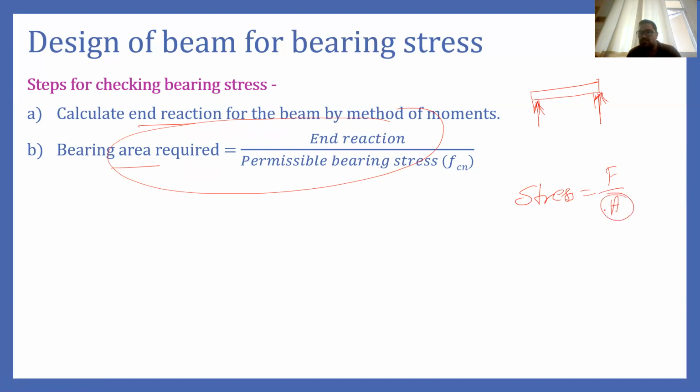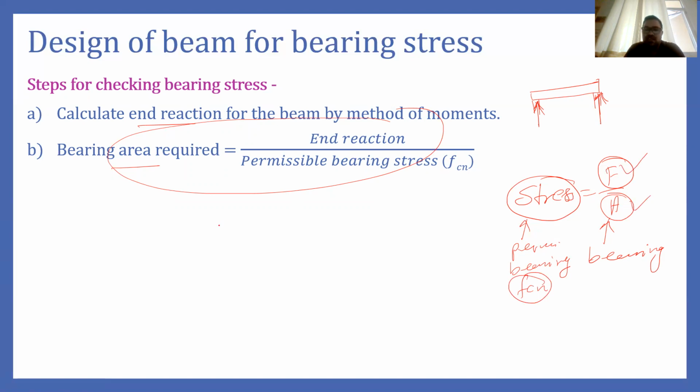Here, we consider area as the bearing area, F as the end reaction, and stress as the permissible bearing stress, which we can find from the table, which is FCN. So A is the bearing area required, and we can find it with this formula.